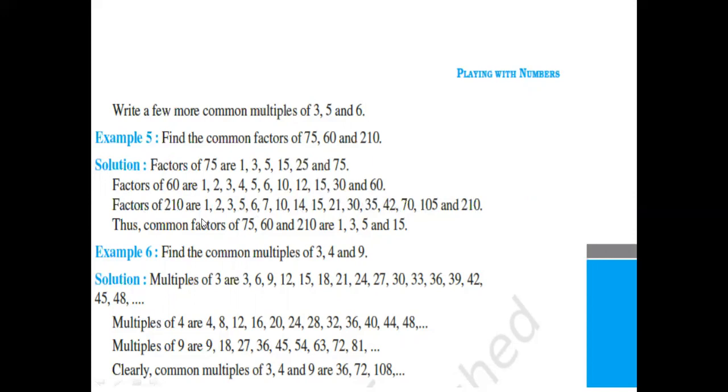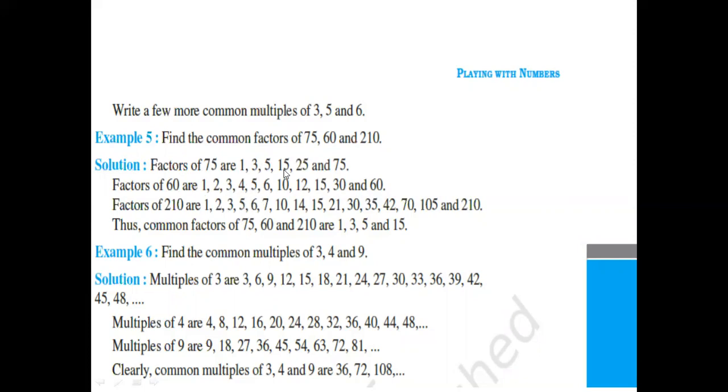So the common factors of 75, 60, and 210, you will look for the common factors, which is 1. You can see it is there in all the three numbers. The next number comes 3. 3 you can find in 75, 3 you can find in 60, 3 you can find in 210. This is the next common factor. Next is 5. 5 you can see in 75 as well as in 60 and 210.